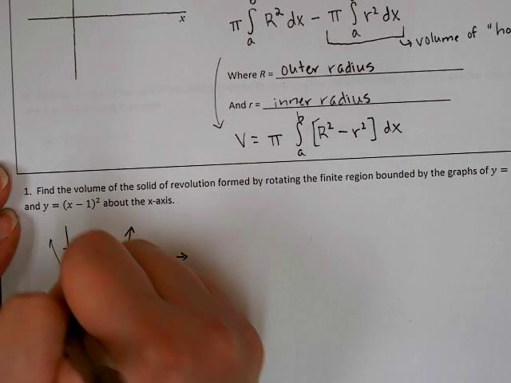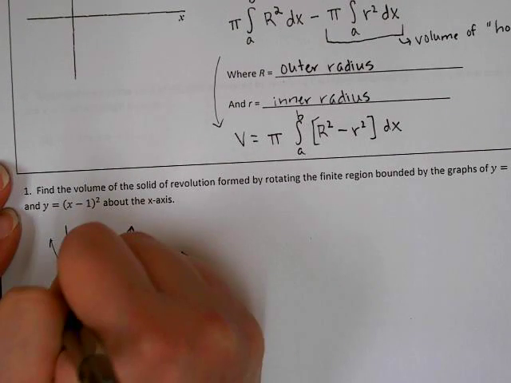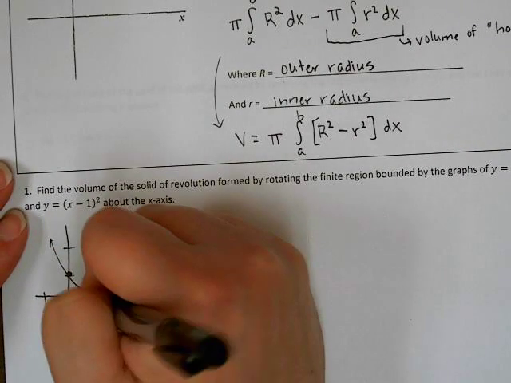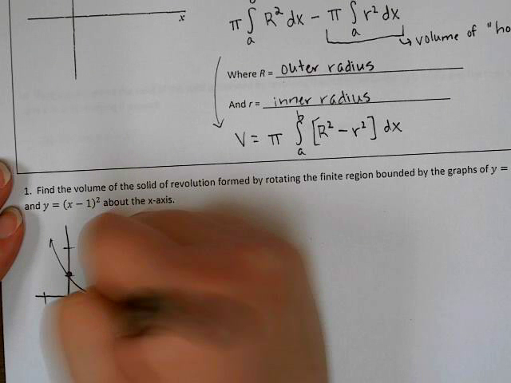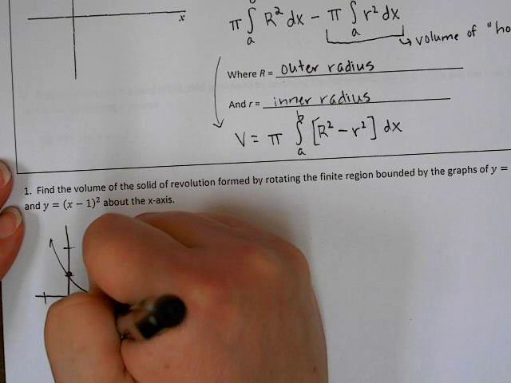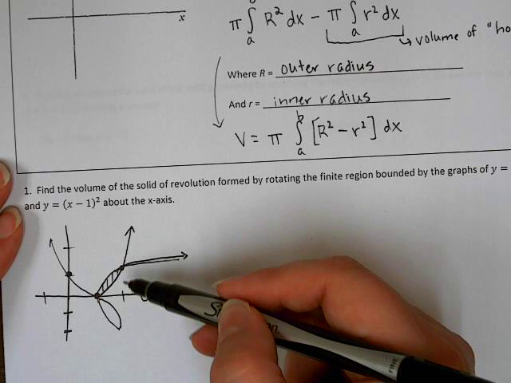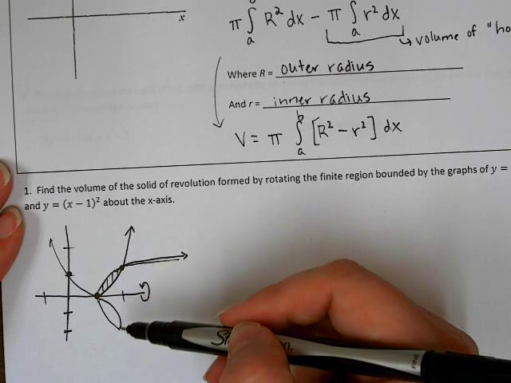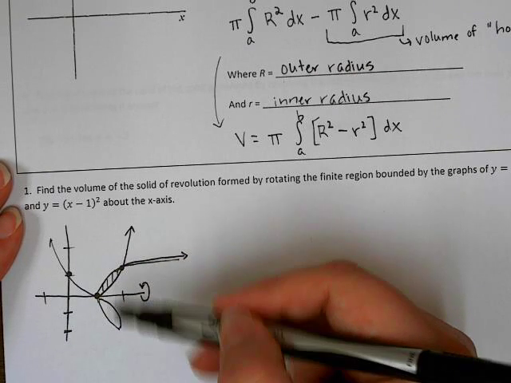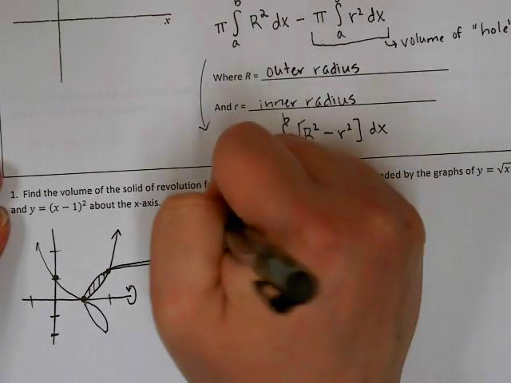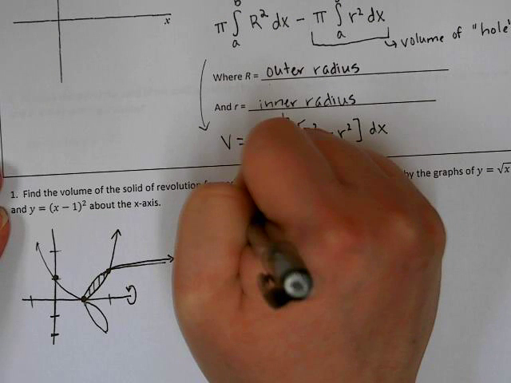If I want to recreate the reflection of that, it would be down here, and it's going to come this way and this way. If we rotate that, it's going to end up almost looking like a bowl. It's on its side, obviously, but it'll be kind of this bowl shape here. So we know we're finding the area of a circle, which is pi r squared.